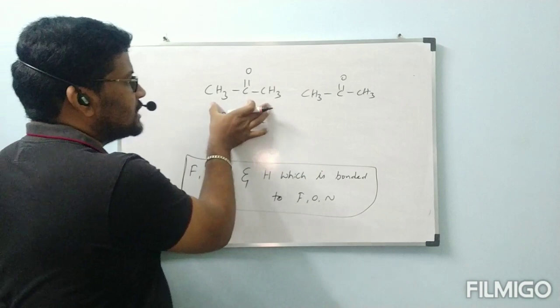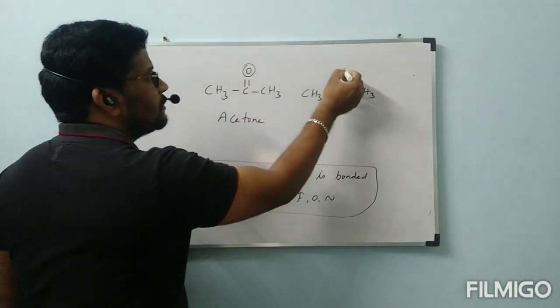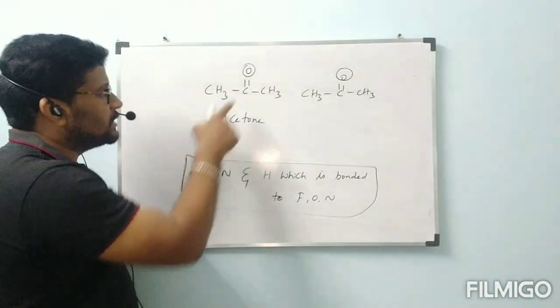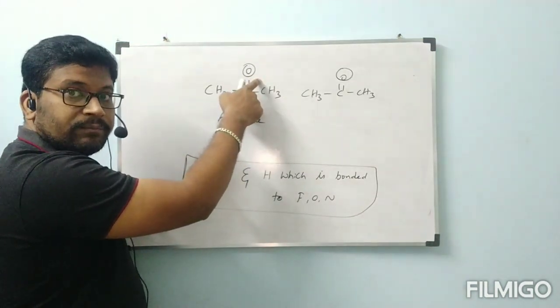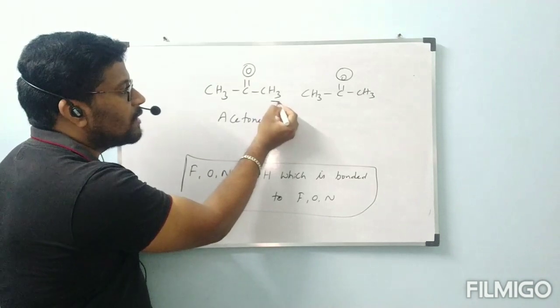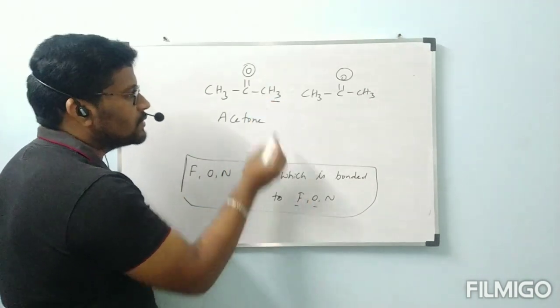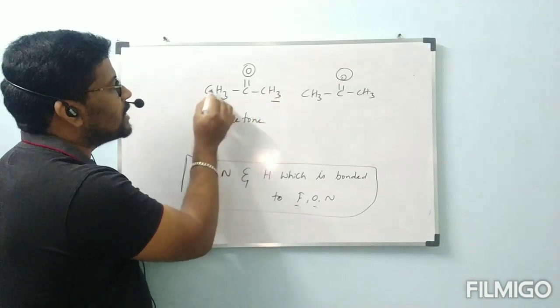Now, in this acetone we have oxygen. Among fluorine, oxygen, nitrogen, one element is present, oxygen. But the hydrogens are not bonded to these elements. All hydrogens are bonded to carbon.